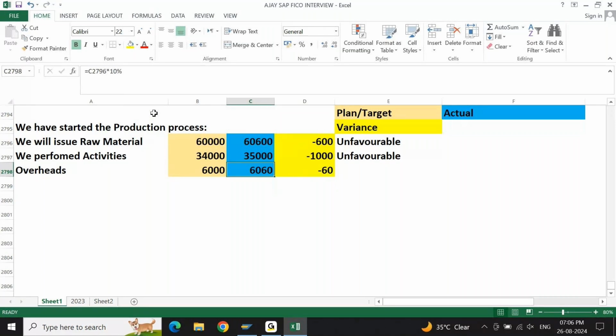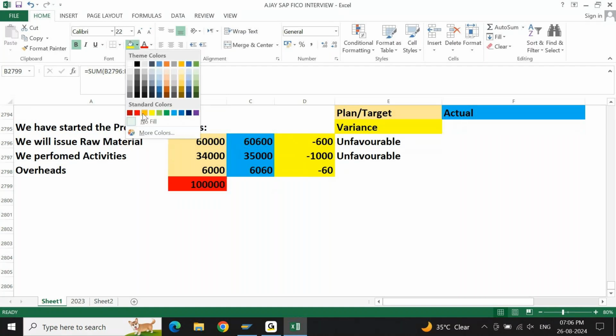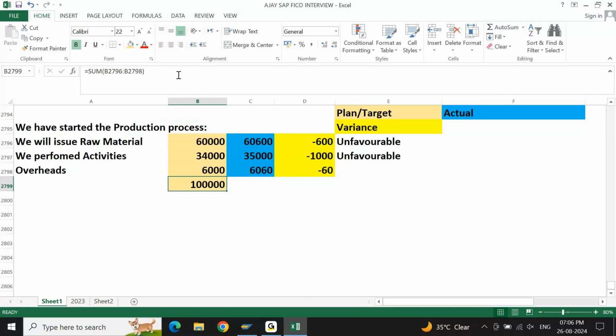Now, what is the expected cost for production of this? Can I say 1 lakh is my expected cost? This is my expected cost of production. Clear with this number? 100,000.